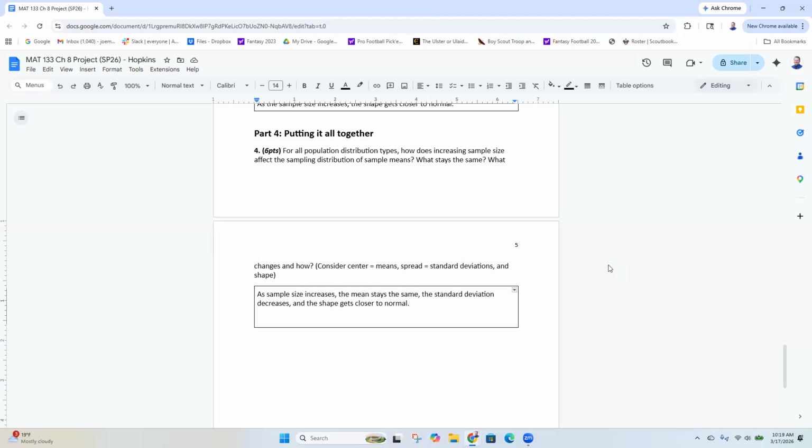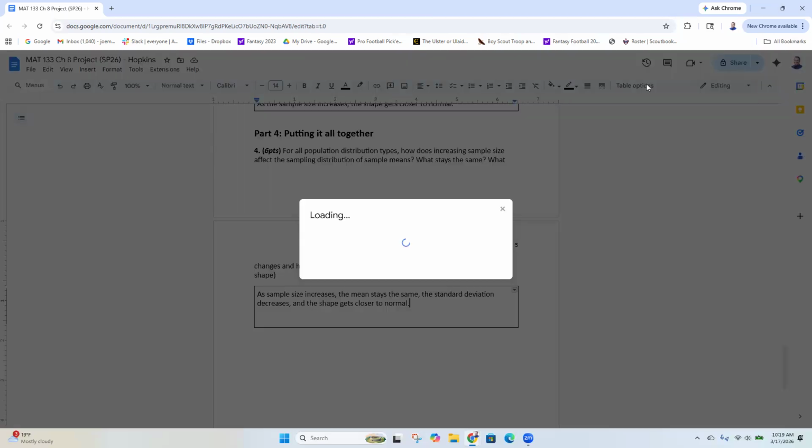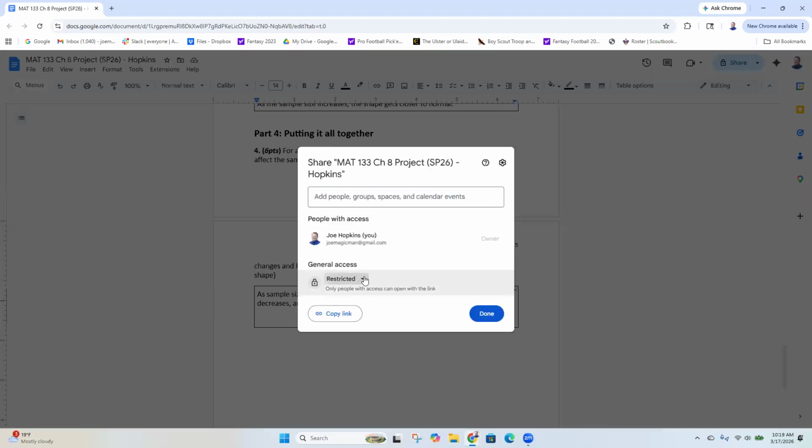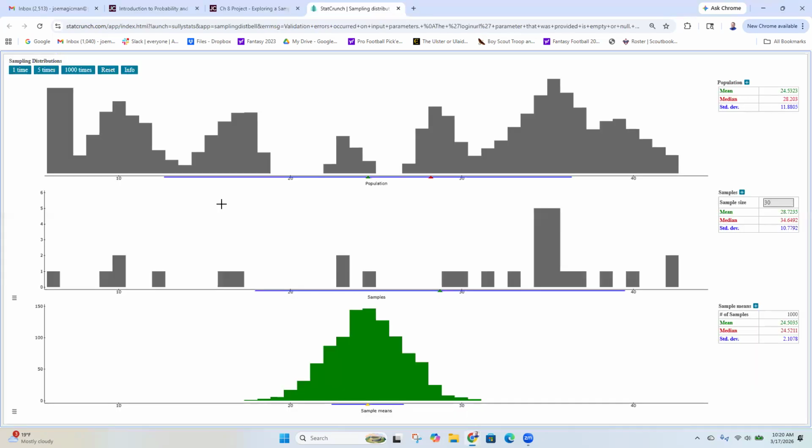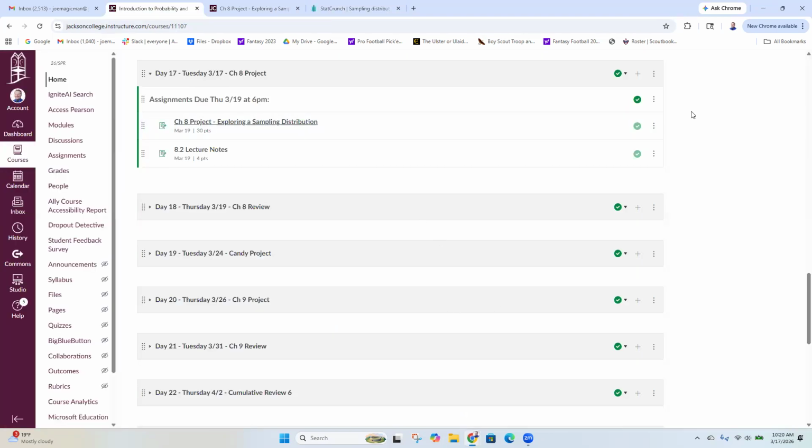That is it for our Chapter 8 project. So we're going to click on share in the upper right, change our restriction to anyone with the link, copy our link and jump back over to Canvas. Where did I put Canvas? There it is.